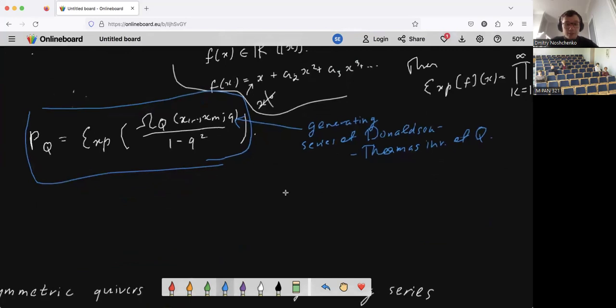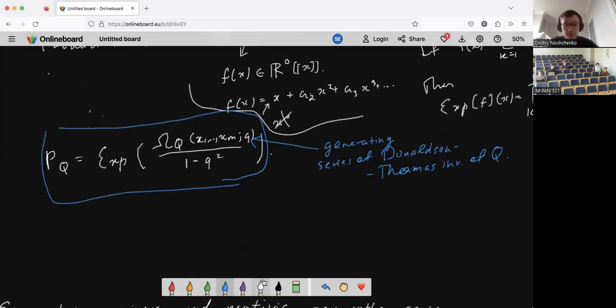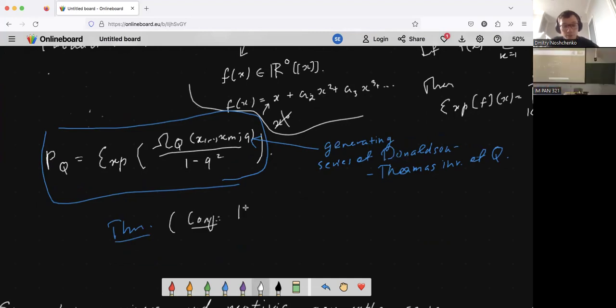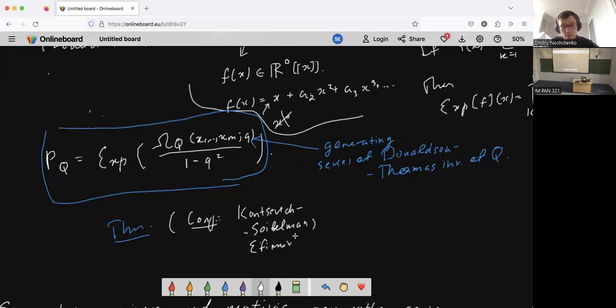Just to finish for today, I will write the theorem, which was first conjectured by Kontsevich and Soibelman and proven by Efimov.